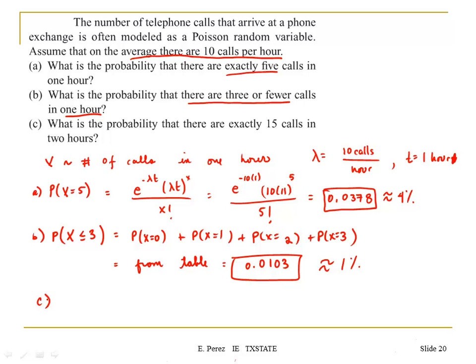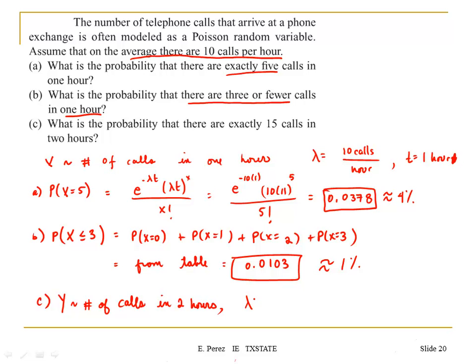That's why we keep our t parameter in the probability. So we can see this as a different random variable. I'm going to call it y, which is the number of calls in 2 hours.